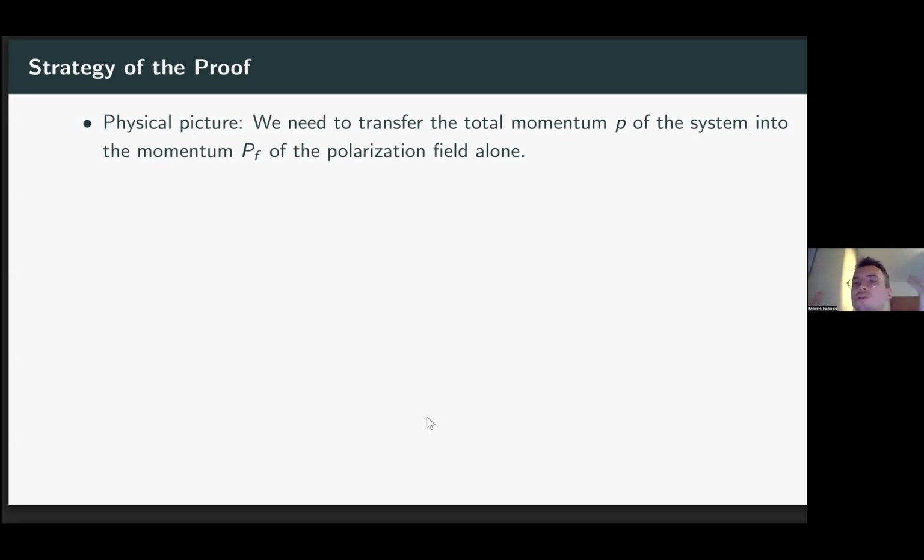You have an electron traveling, non-interacting, through space, and then it enters the medium. The electron has a total momentum, and it enters the medium. Due to the interaction with the polarizable medium, the electron will be slowed down. It will transfer momentum into the medium.